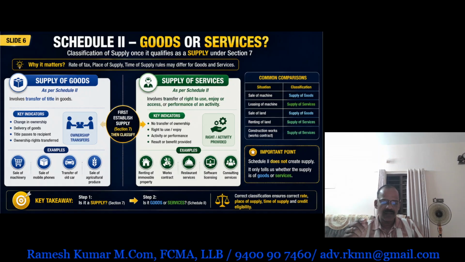Only after that do we use Schedule 2 to answer the question, is it supply of goods or service? So Schedule 2 is only ancillary to our establishing that a transaction is a supply. This classification may affect the GST rate, place of supply, time of supply, and other GST consequences.